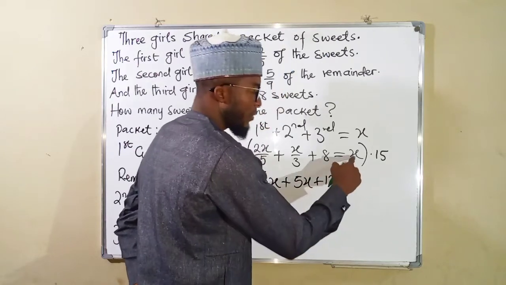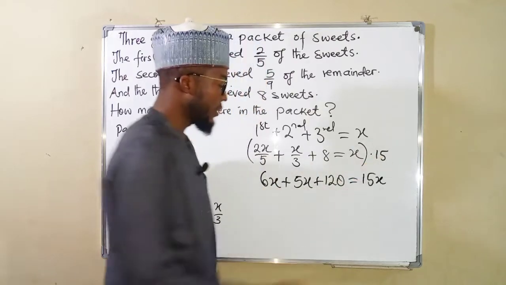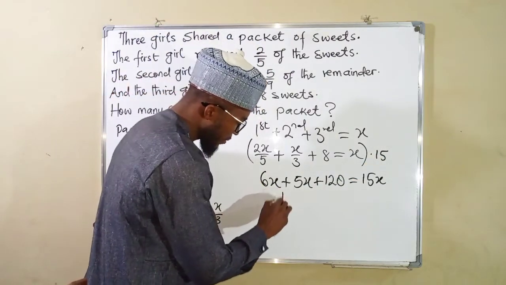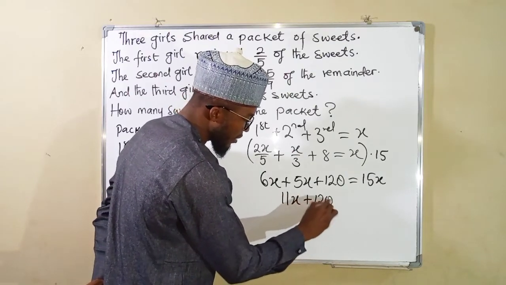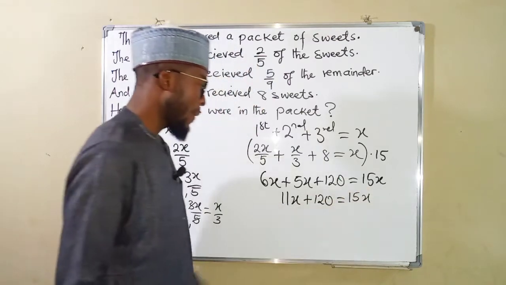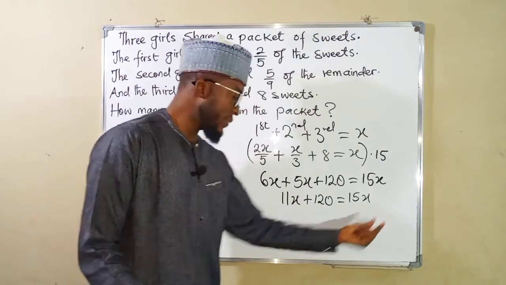This is equal to x times 15, which is 15x. 6x plus 5x is 11x, plus 120, equal to 15x. If you take 11x to the right hand side, it becomes negative.